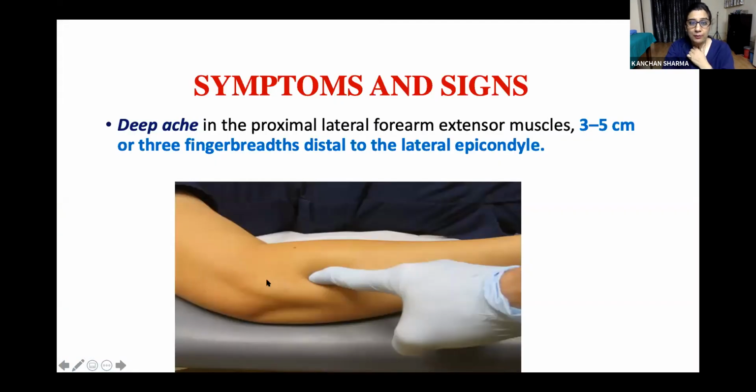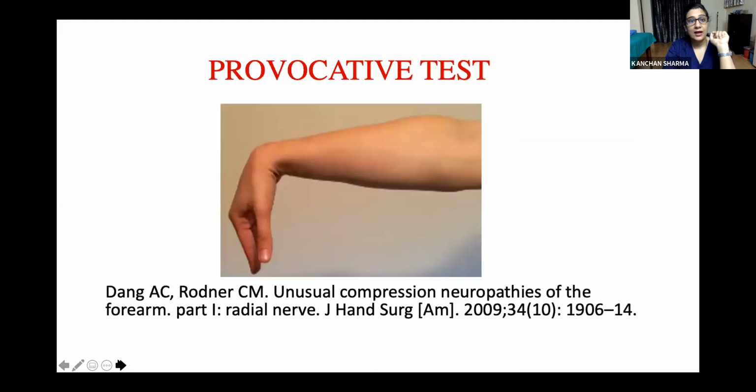That pain will be approximately 3 to 5 centimeters, finger breadths, distal to the lateral epicondyle. So only the tenderness will be there. And if you do the stretching, because if I'm doing like this, I'm stretching the extensor compartment, I'm stretching this nerve, so that will be the provocative test.